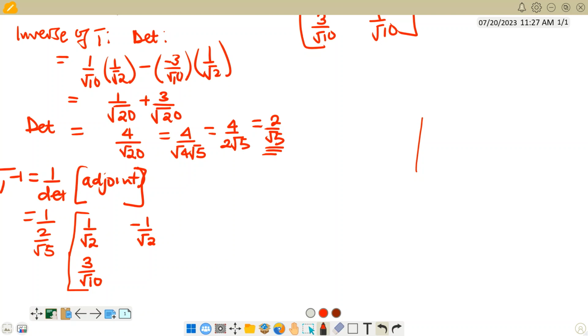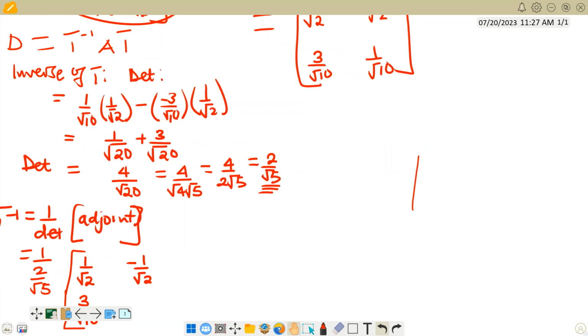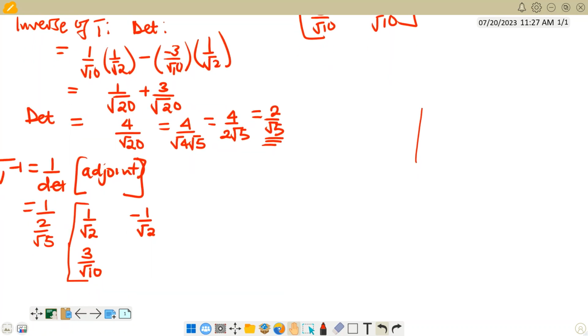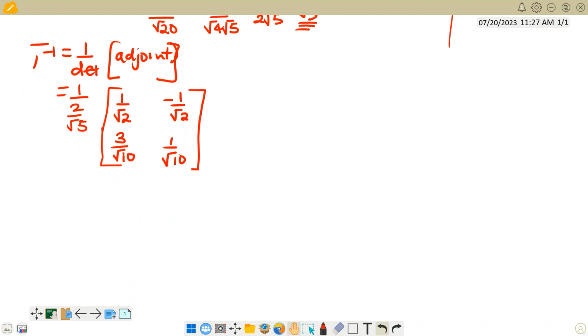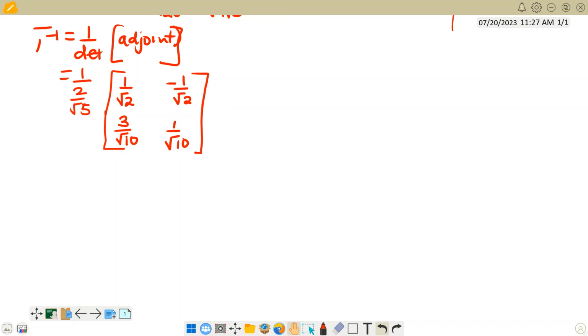Then over here we are going to have 1 over square root of 10, like that. Okay, so now our target is to simplify this and see if we're going to manage to get a diagonal matrix.